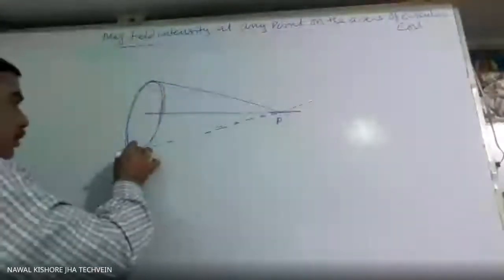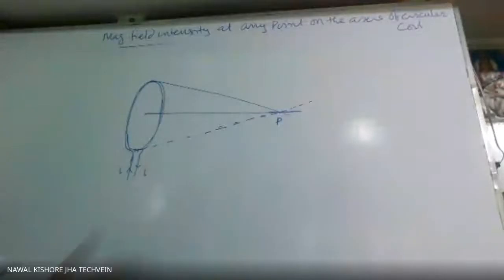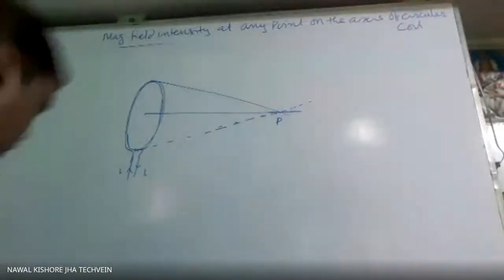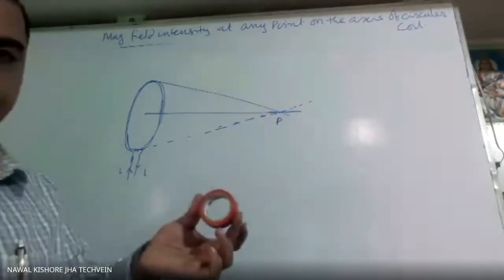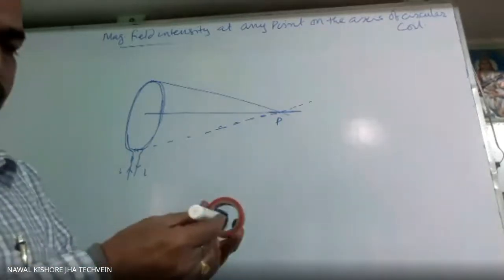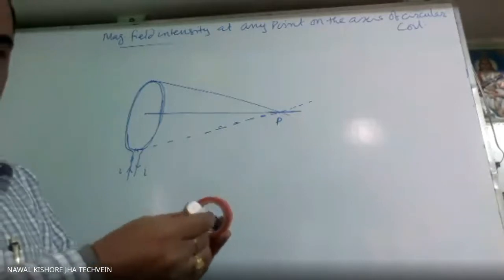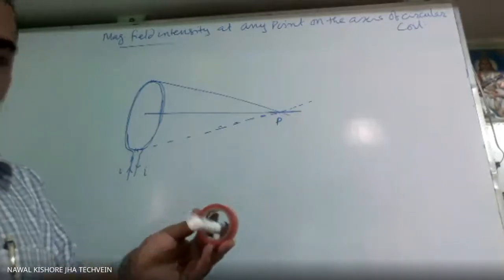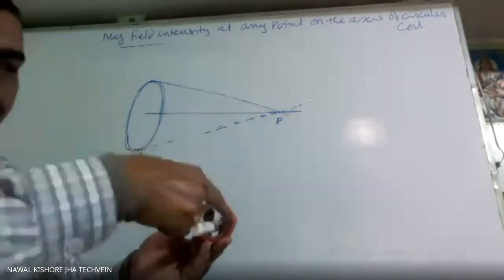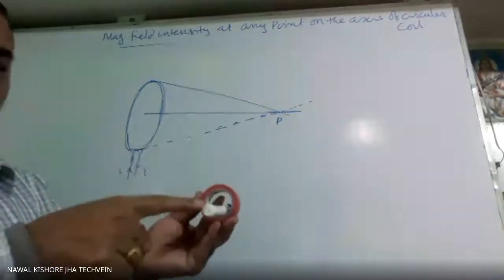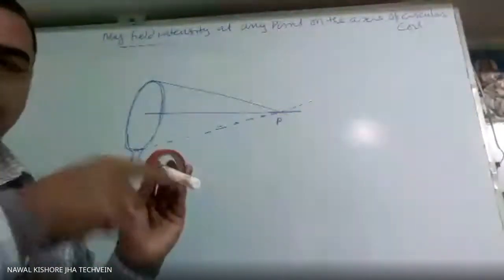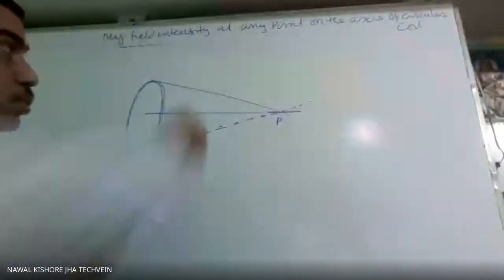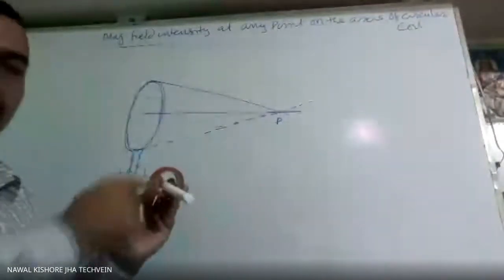Whatever point you are considering, suppose this is the circular loop, and this is the axis. Now the distance of this point from this one, from this one, from here, everywhere it will be the same. From all the points it is equidistant. So this distance will be the same for all the elements.